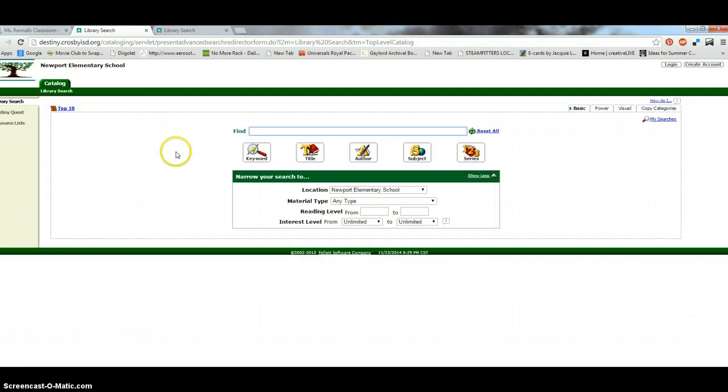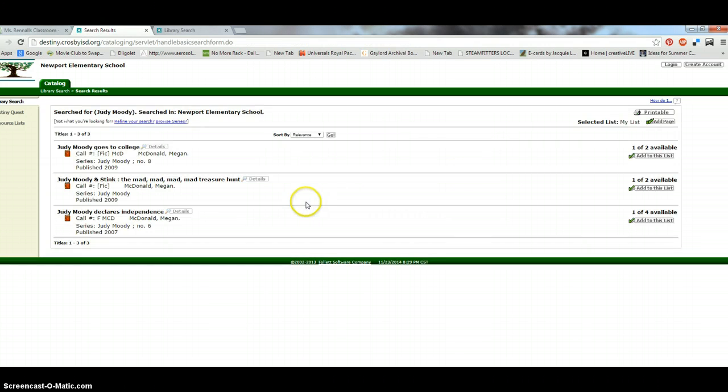Okay, so now suppose you want to find out if a certain book is a series. You read one and you wonder, are there any more by this author? Is this a series book? So I'm going to put in Judy Moody, and click series. All right, it's a series. There's a lot of Judy Moody and Judy Moody and Stink, her younger brother.